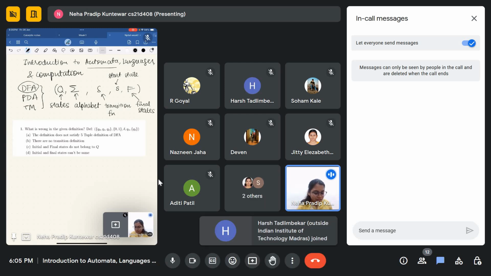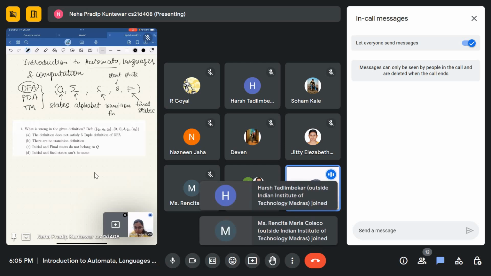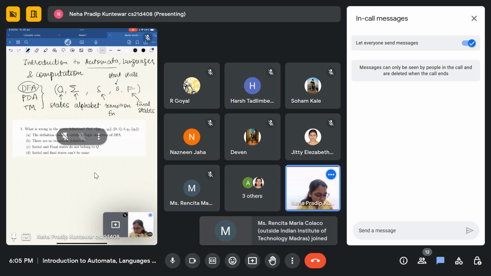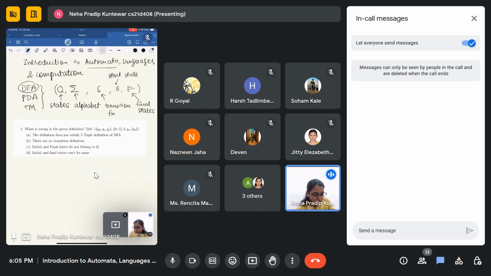These are pretty simple questions for now. So I'll read out the question for you. You have been given a definition of a DFA, which is as we define this five tuple, and you want to tell what is wrong with the definition. I think you can take a couple of minutes, and then you could either unmute or tell me, or you could write in the chat whatever you feel is the correct answer. I'll wait for a minute.